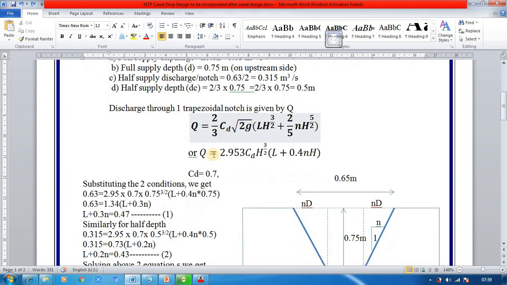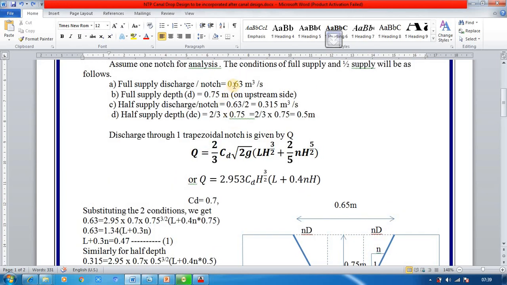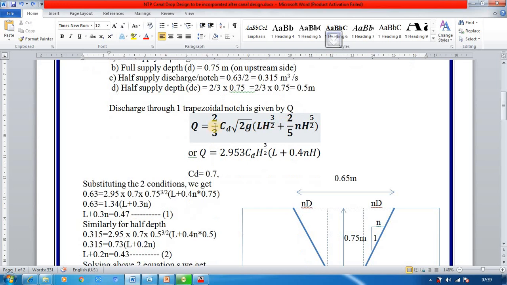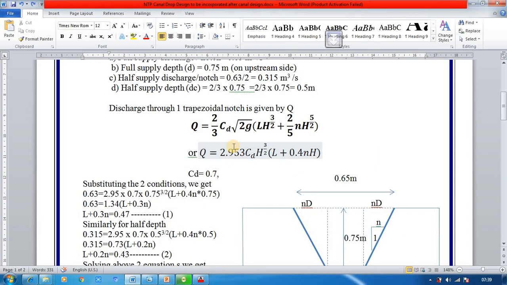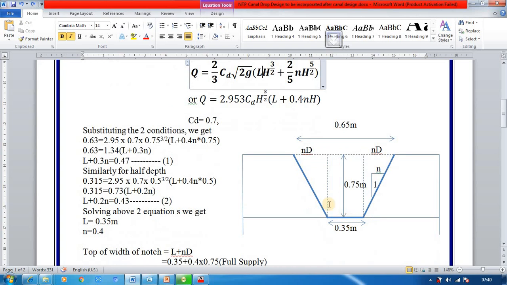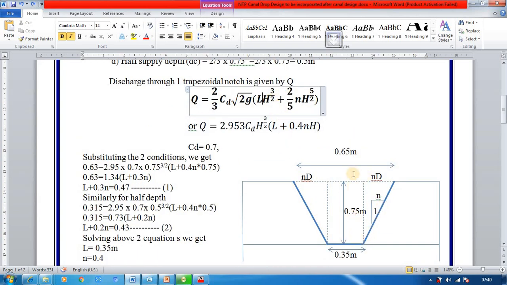Now you can substitute this Q as well as this D in this equation, and thereby you will get two equations, in terms of L plus 0.3 n and L plus 0.2 n. Here, the other parameters are: Q is the discharge, CD is the coefficient of discharge, g is the gravity constant, L is the bottom width, H is the height of the flow, and n is the slope.